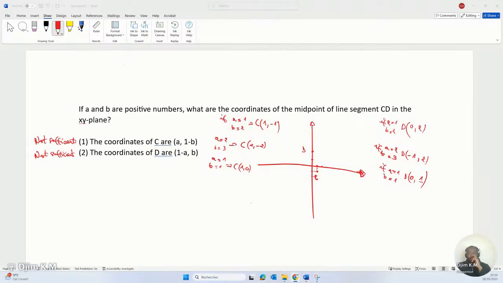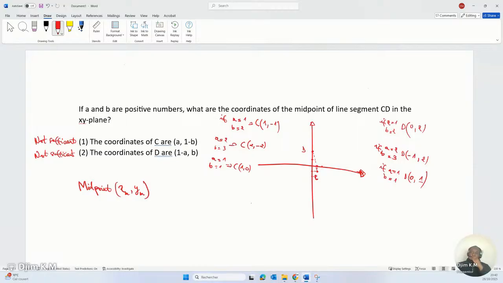There is a formula that says if you want to get the midpoint of a certain line, we're looking for the coordinates of the midpoint, xm, ym.